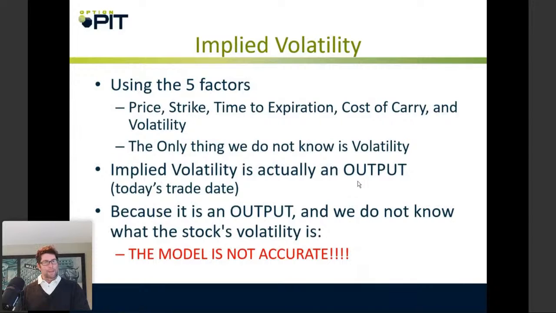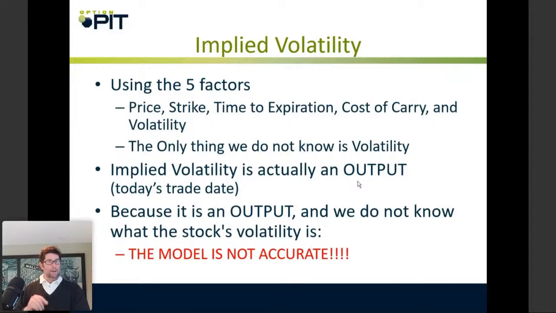Now, because implied volatility is an output and we're sticking it back in the model, we know that the option prices you see based on implied volatility are just guesses. So why do we trade volatility at Option Pit? Because we know they're all guesses. And once you know something is a guess, you can also make decisions about whether you think the guess is good or bad.